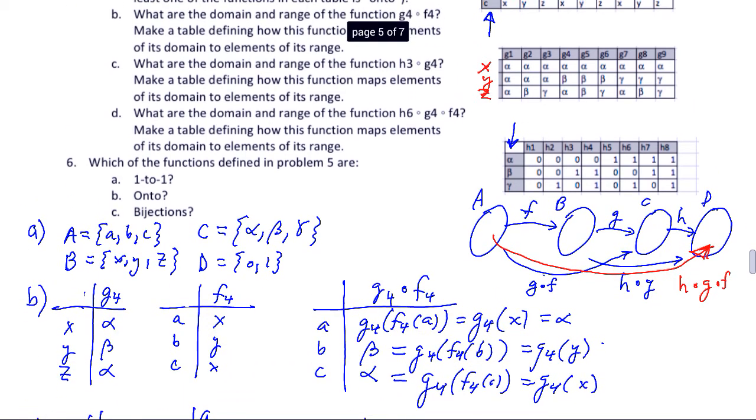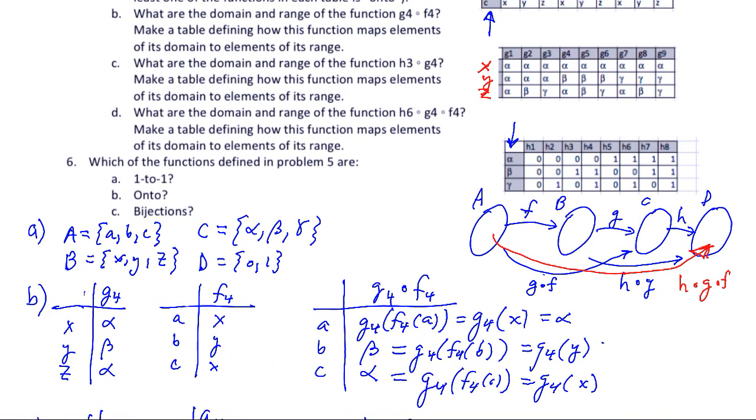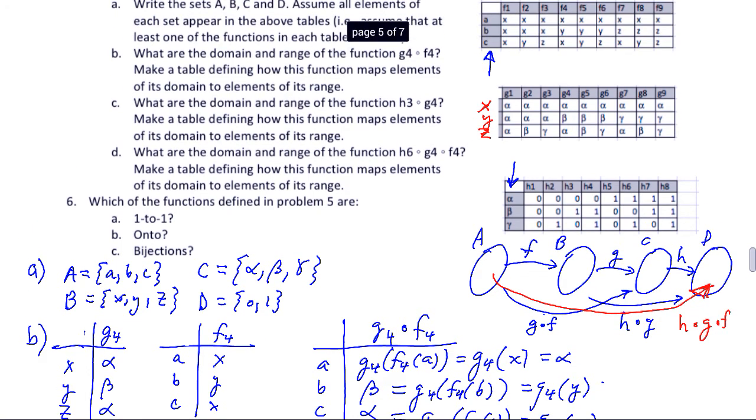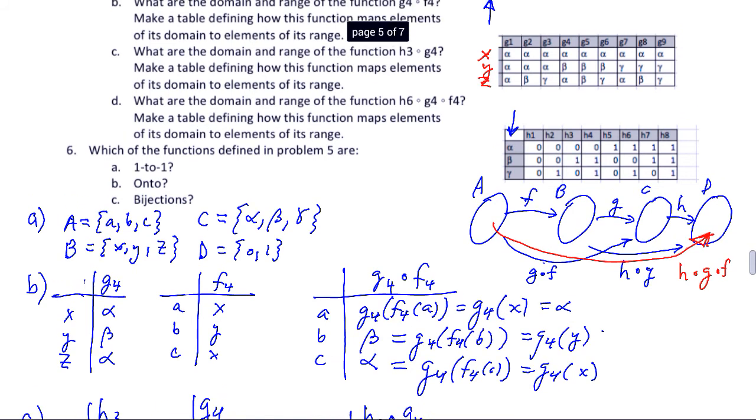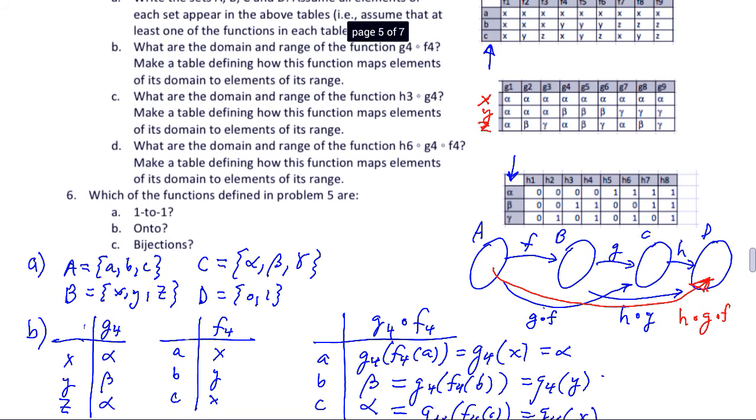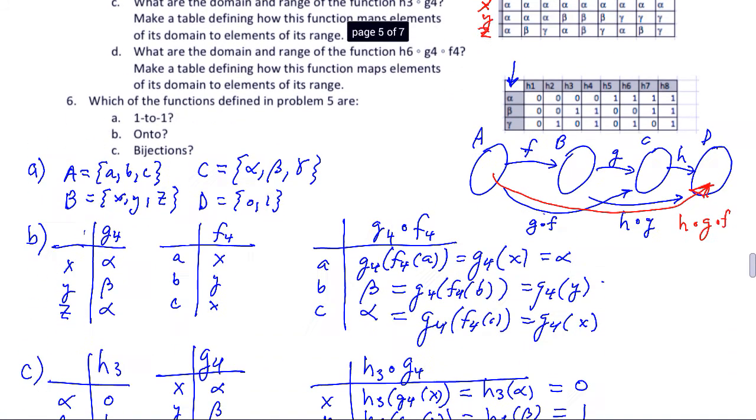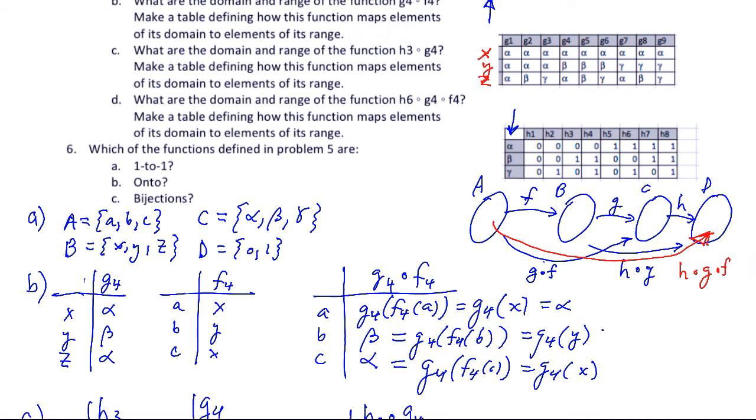And in part B, I want to do a function composition of G4 composed with F4. So what I'm going to do is just copy down G4 and F4 here. F4 is X, Y, X, with the domain A, B, C. G4 is alpha, beta, alpha, with the domain X, Y, Z. Okay, and I can create the composition G4 of F4.